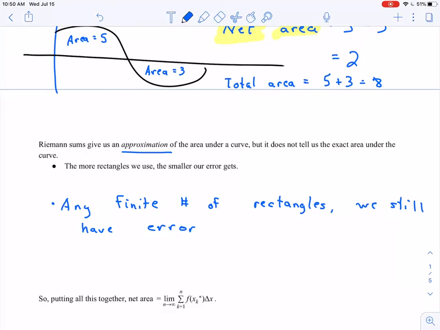And hopefully you see where I'm going with this. I said specifically a finite number. What if I didn't use a finite number? What if I used infinitely many rectangles?